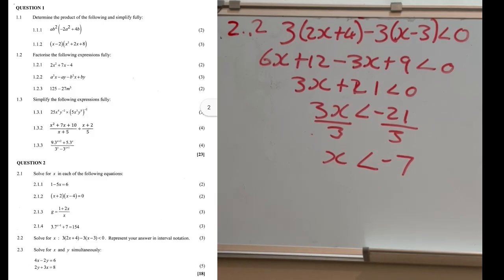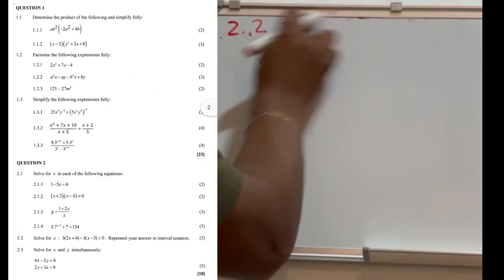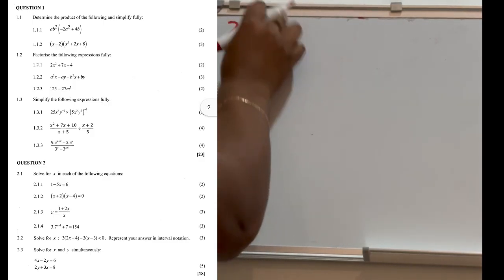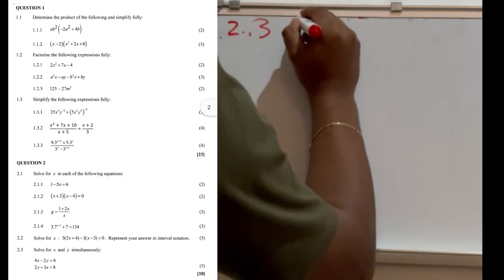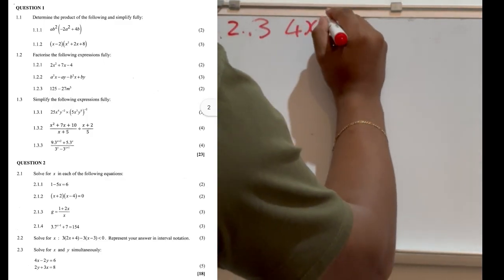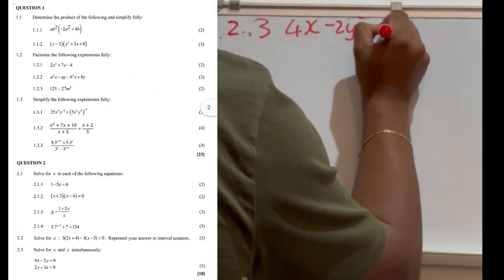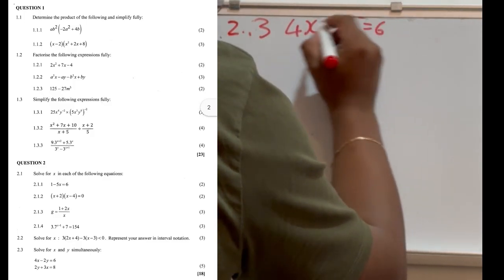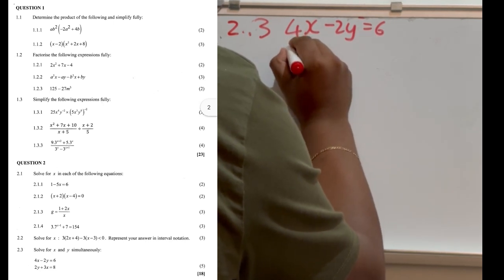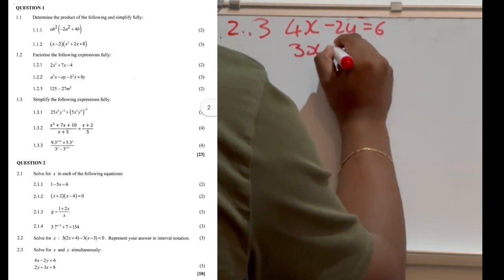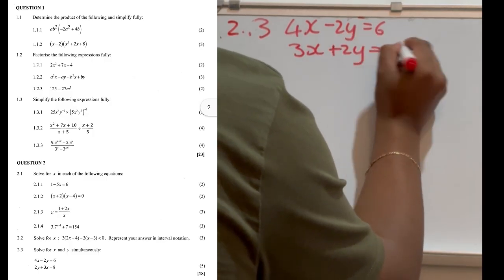Okay. So now we're going to go 2.3. Solving simultaneously. 4x minus 2y equal to 6, and I'm just flipping this over. 3x plus 2y is equal to 8.